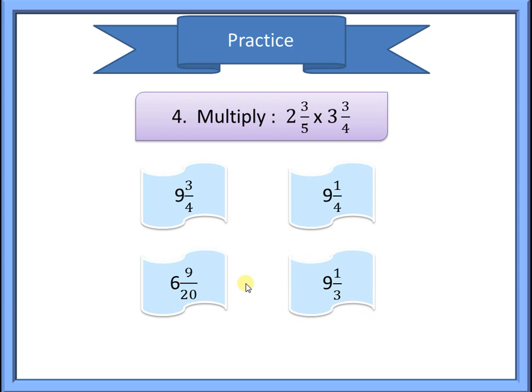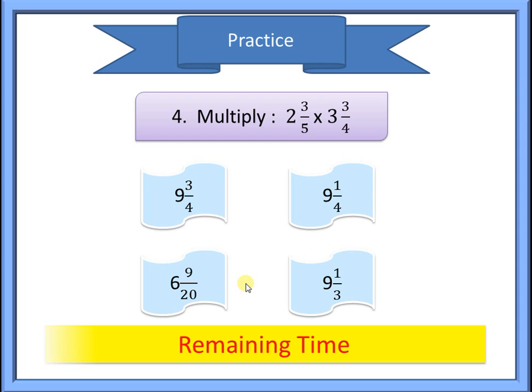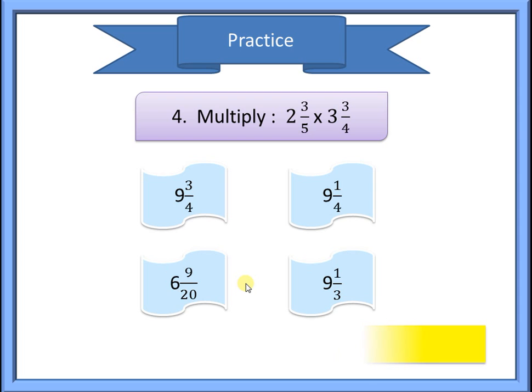Let's have one more. Multiply 2 and 3/5 by 3 and 3/4. Let us start the time. Time's up, and the answer is 9 and 3/4.